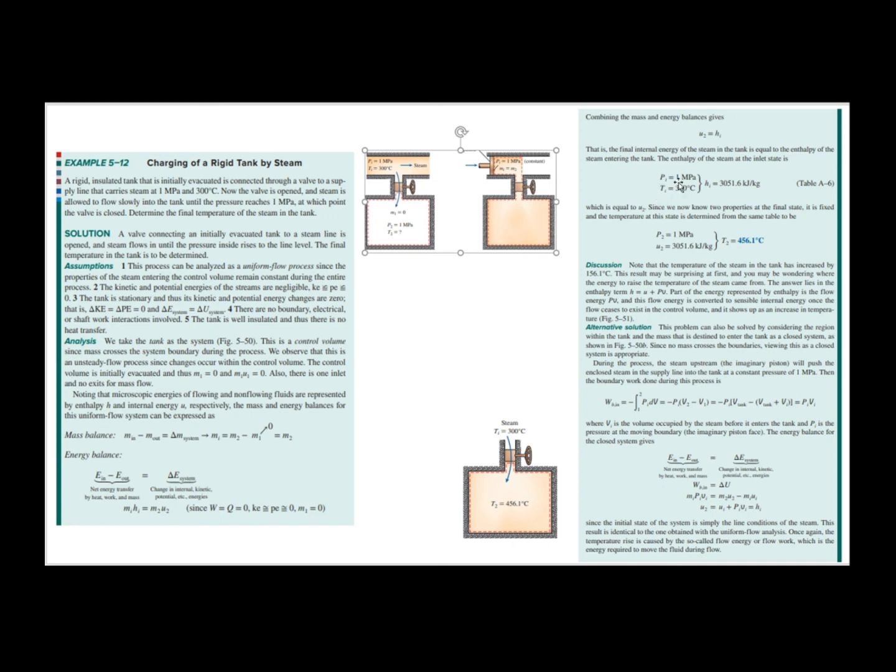So the pressure was given, the temperature was given, and from the initial temperature and the initial pressure, you can find h1, the enthalpy, which is equal to u2. Since u2 equals h1, you can conclude that this number is equal to u2. Since we have the pressure and we have u2, we can find T also from the table.